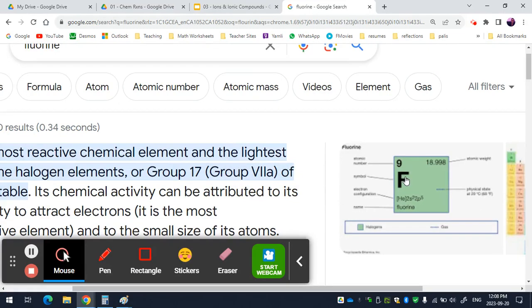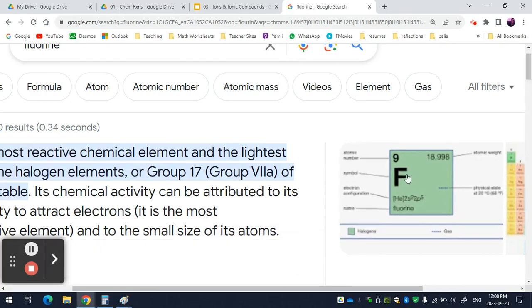When you brush your teeth, your toothpaste should have some fluorine, not a lot. If you have a lot of fluorine, your teeth will become yellow. They will not get weaker, they will just change color. Too much fluorine is not going to make them weaker or fall. It's just going to change your smile. You're going to have yellow teeth, but your teeth will still be strong. So this is fluorine.